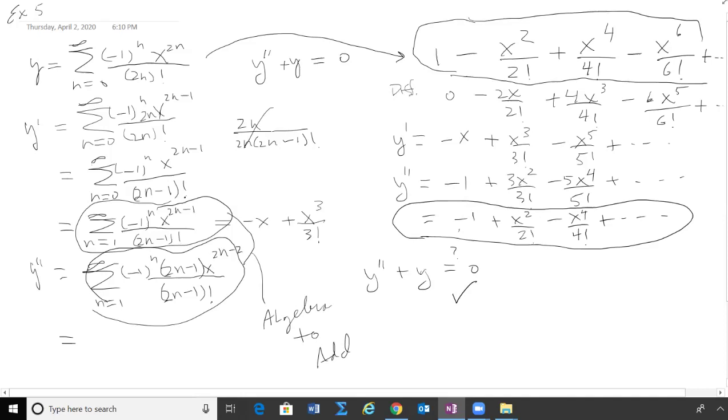But you'd have to make sure the indexes were correct and matching. They both start with n equals 1, so that's good. And they both start with x, let's see, that's x to the first, and that's not x to the first, that's x to the 0. So you'd have to do some adjusting to get these to go together. Too much work. So we wouldn't spend the time on that right here.